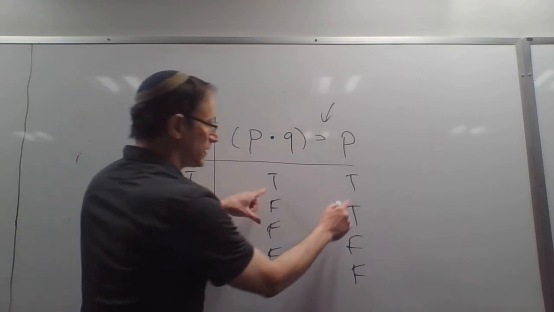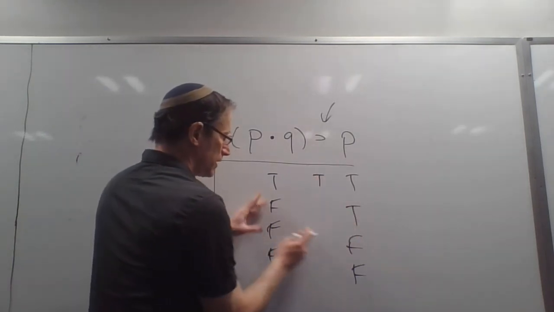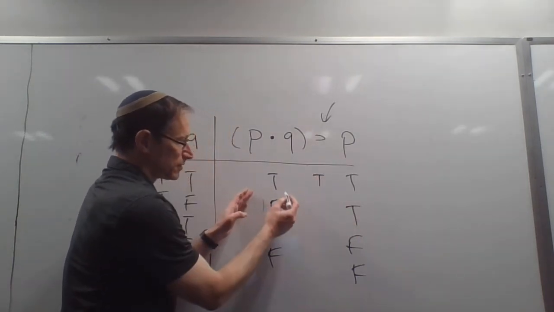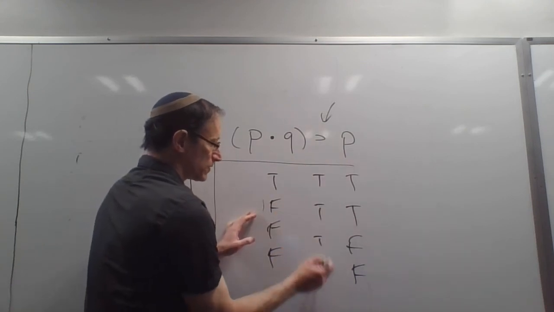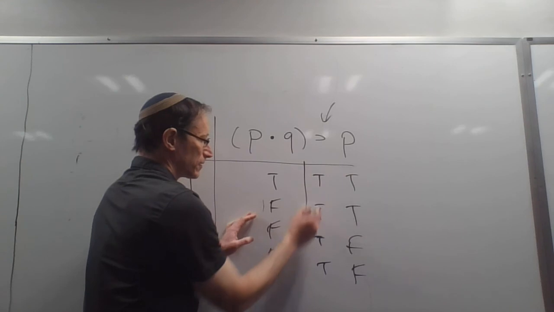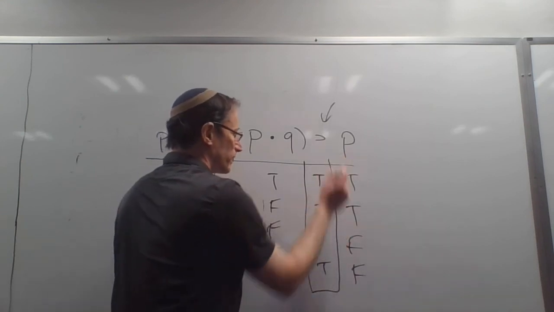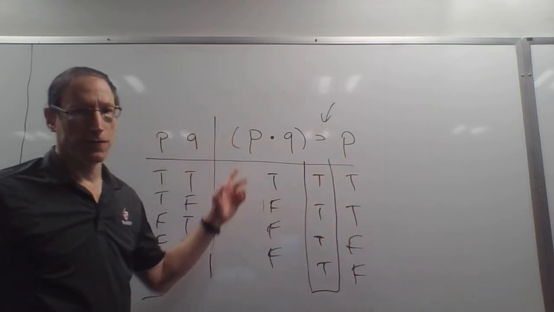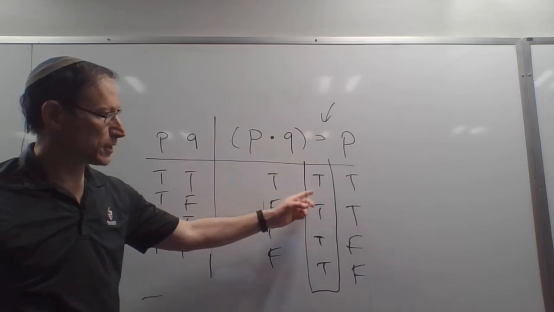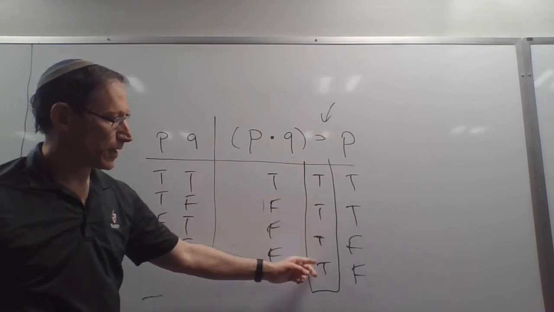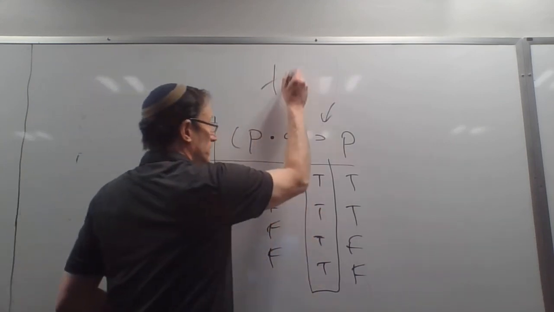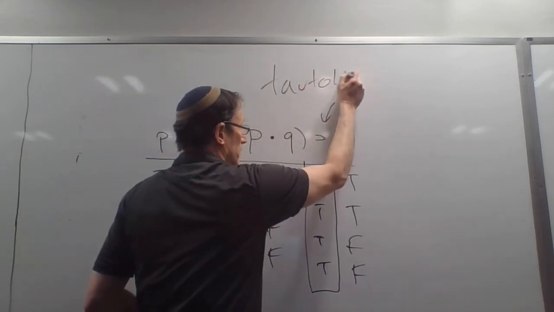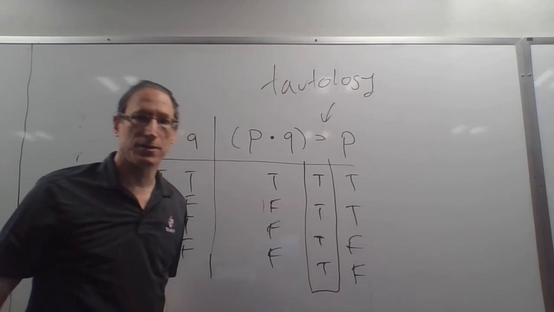Here you have T, T, so it's true. Anytime the antecedent is false, the horseshoe is true. So this formula comes out true under the major operator on every single row, thus demonstrating that this formula is a tautology.